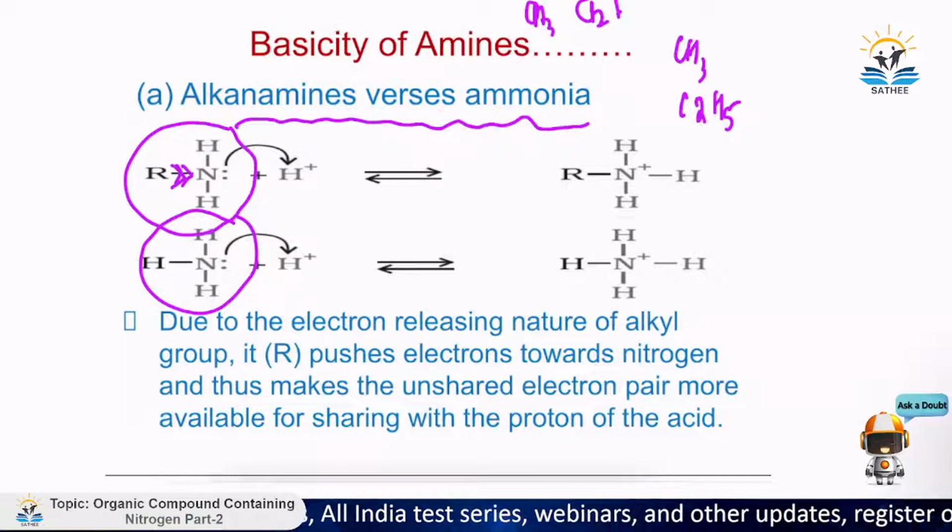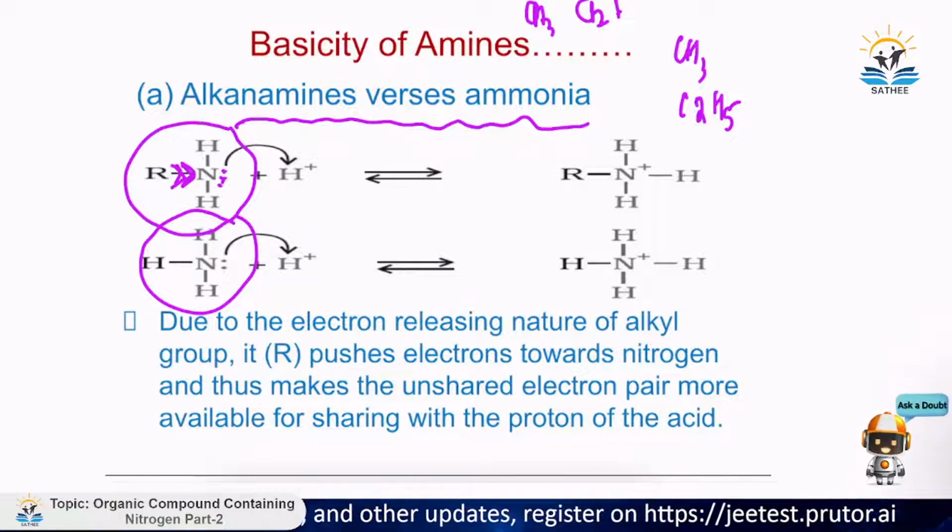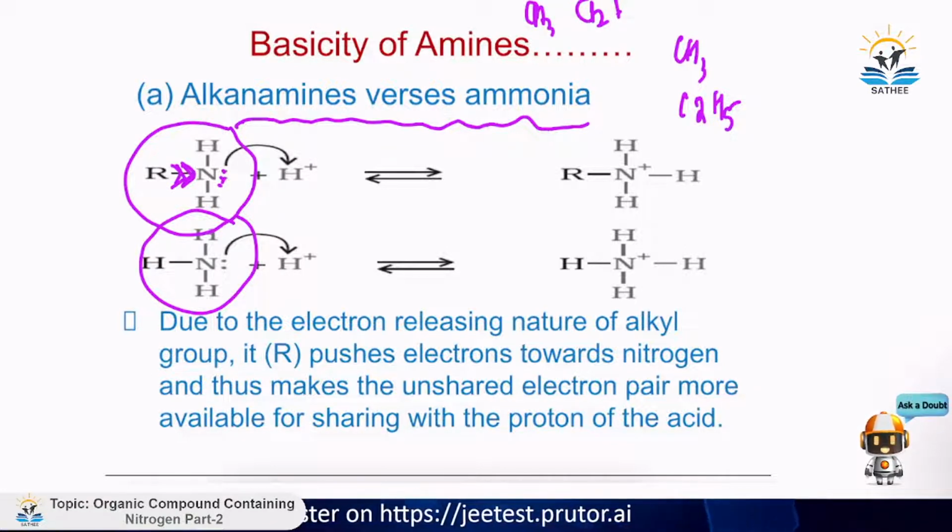So electrons are more available in case of alkanamines rather than ammonia, so they are better bases than ammonia. This is the first thing that we have to remember. Alkanamines are better than ammonia.